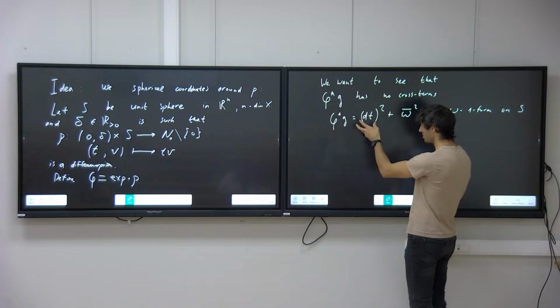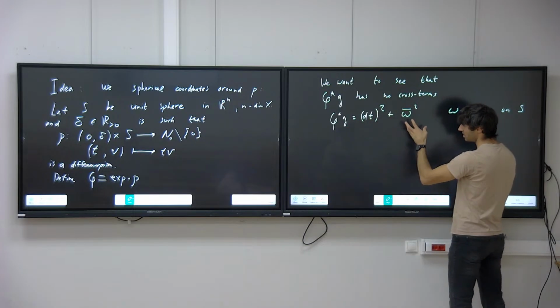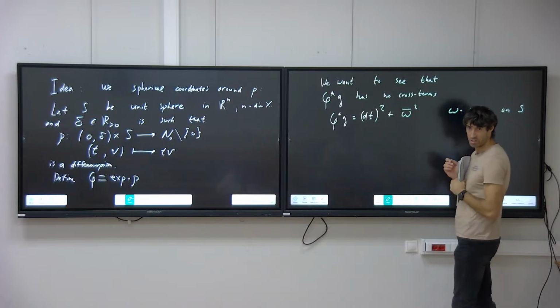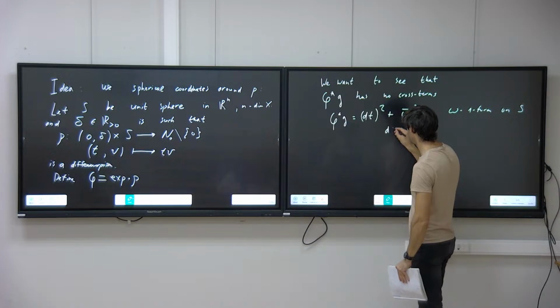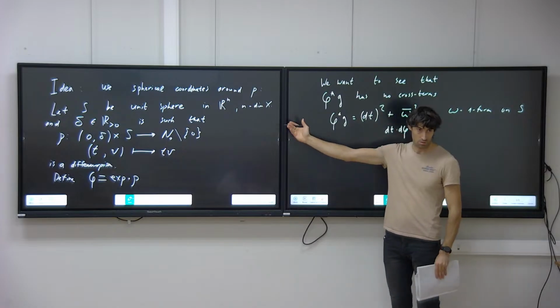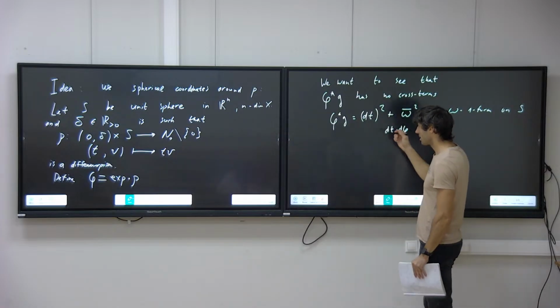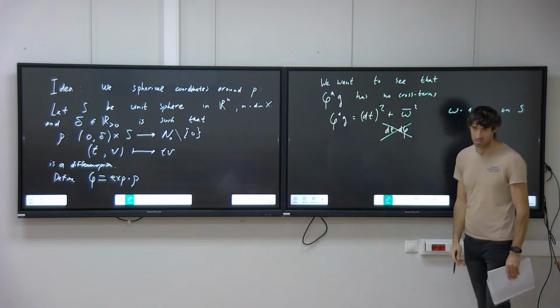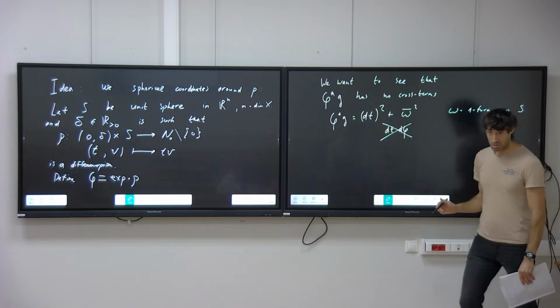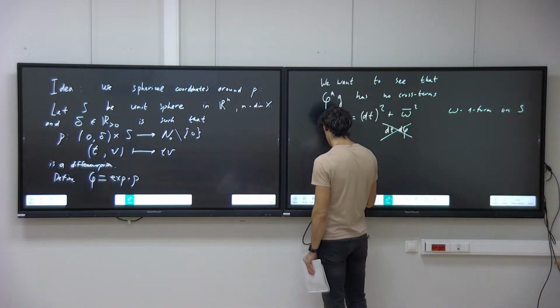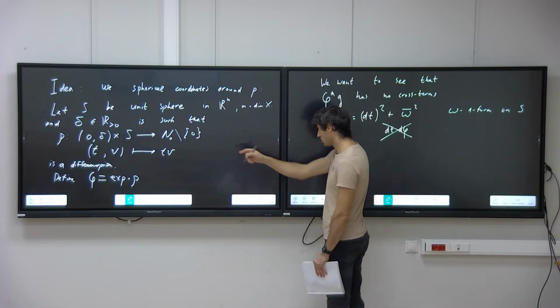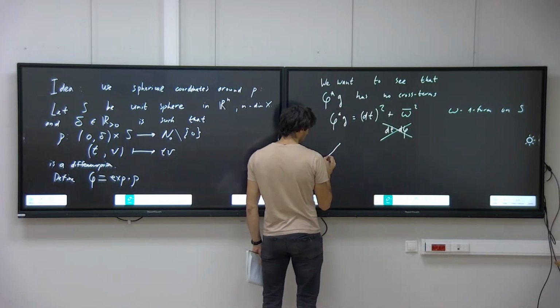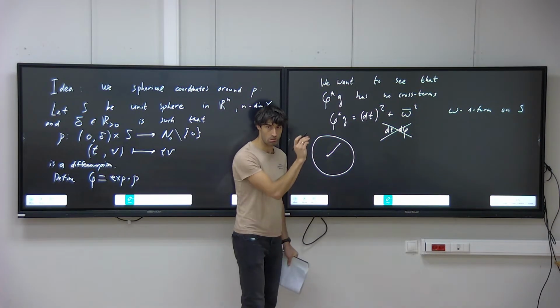Then it will be some squares of variables, and also cross terms, something which will depend on dt and also some coordinates like d phi, where phi is a coordinate on S. Our main concern is to prove that in phi star g there are no such things. Why? Because our geodesic in these coordinates will look like the following: it will start from 0, from P, and go along the radius.